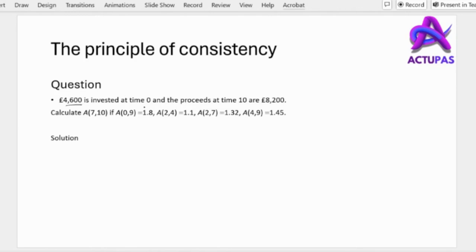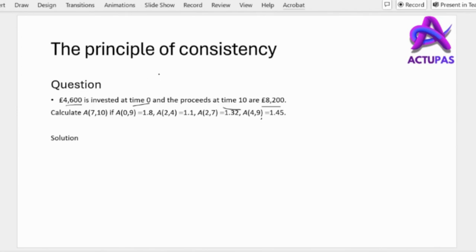4,600 is invested at time 0, and the proceeds at time 10 are 8,200. Calculate A(7 to 10) if A(0 to 9) is 1.8, A(2 to 4) is 1.1, A(2 to 7) is 1.32, and A(4 to 9) is 1.45. So we will first of all do our number line.